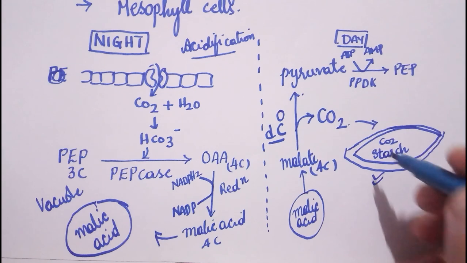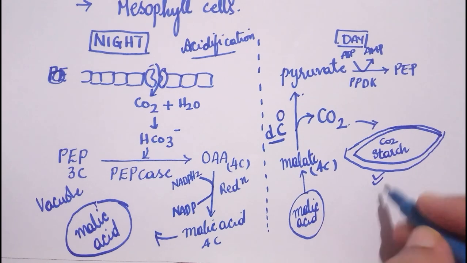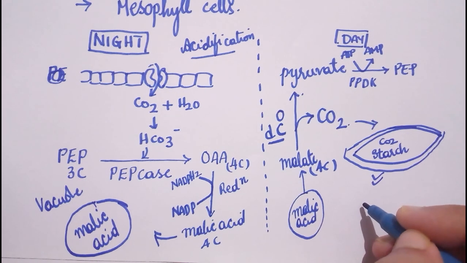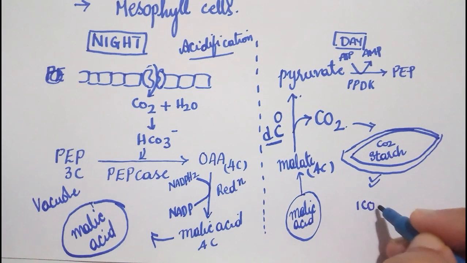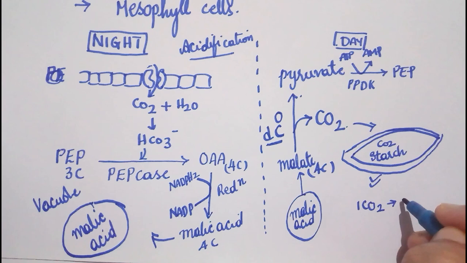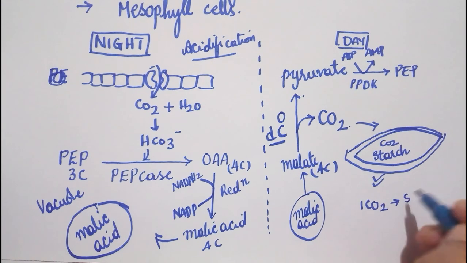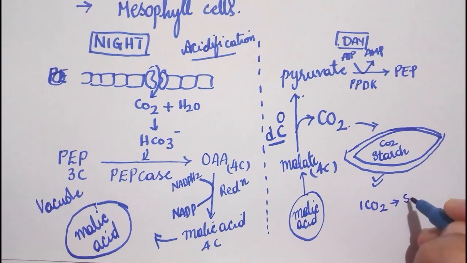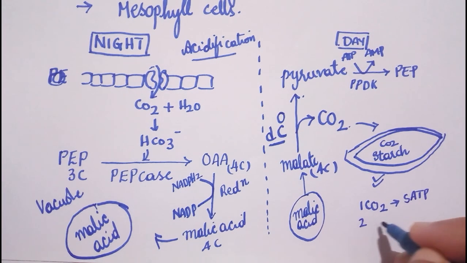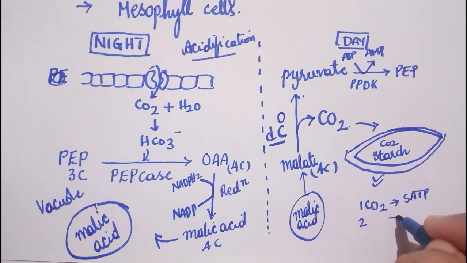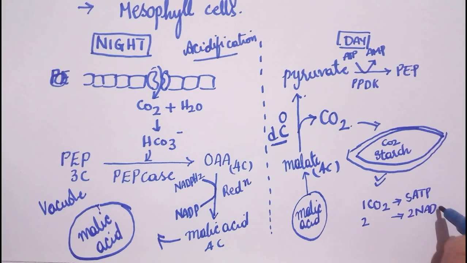So in this process also, how many ATP are required for fixing one carbon dioxide molecule? Same as in the case of C4 pathway, we require 5 ATP and 2 NADPH. For fixing one carbon dioxide molecule, 5 ATP and 2 NADPH are required.